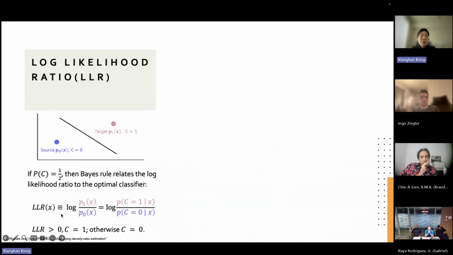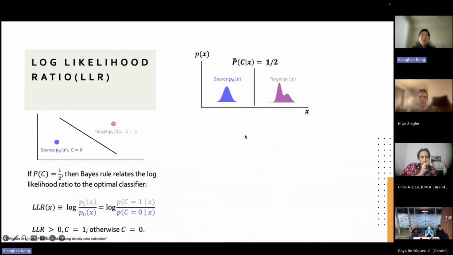This LLR formula equals the log of the density ratio, the likelihood ratio. If this LLR is larger than 0, that means the data point x belongs to class 1. Otherwise, it belongs to class 0. It's a very simple boundary classification.